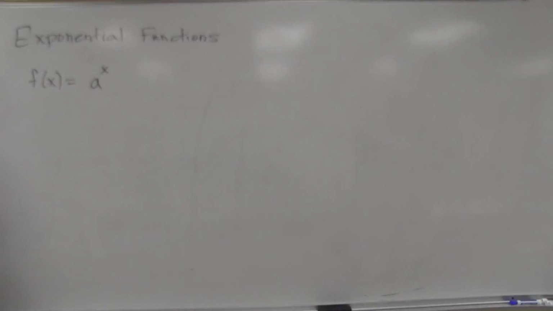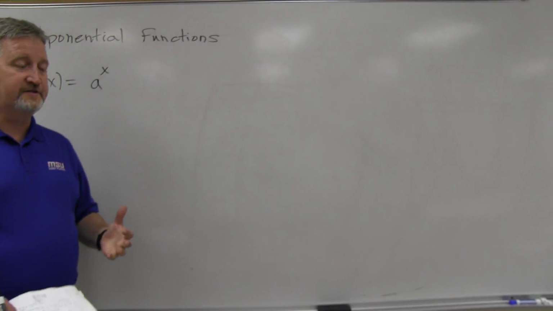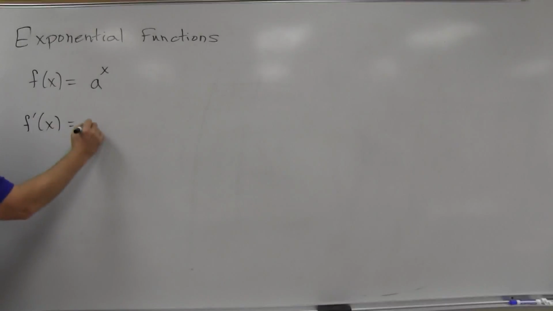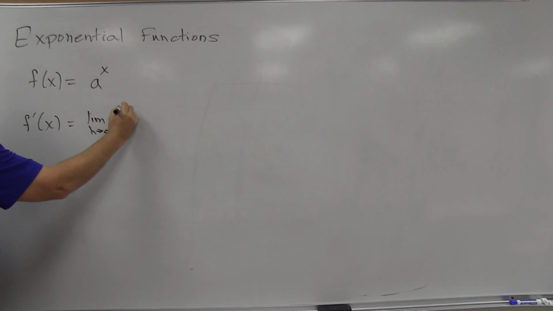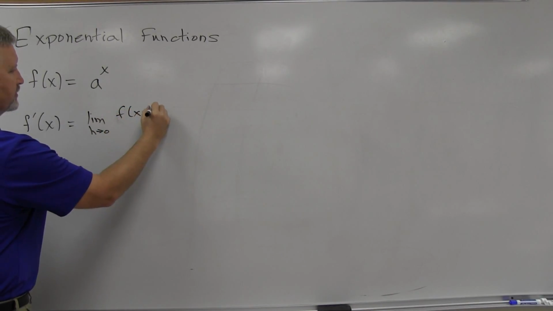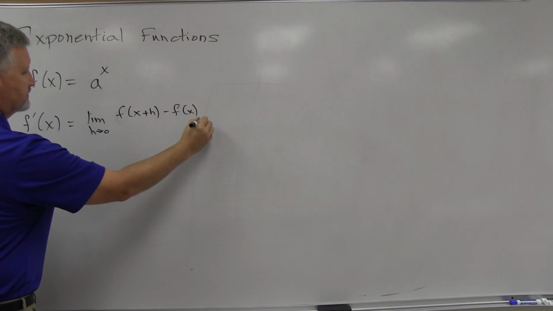Now, we can get a little bit of information out of the definition, and that's why I mentioned earlier to recall what the definition of derivative is. Definition-wise, here's what this tells us. We have the limit as h approaches 0 of f of x plus h minus f of x over h.